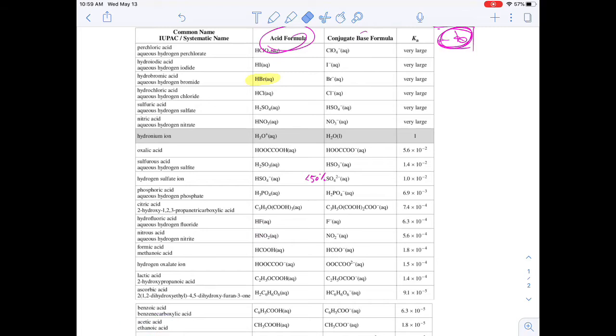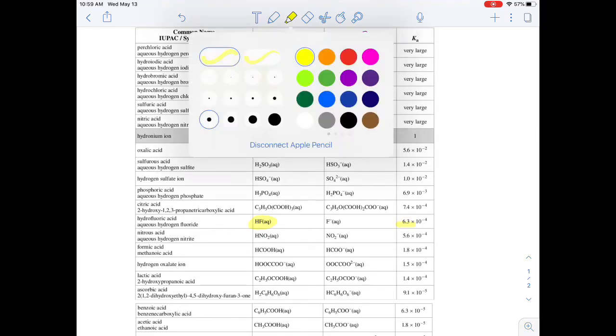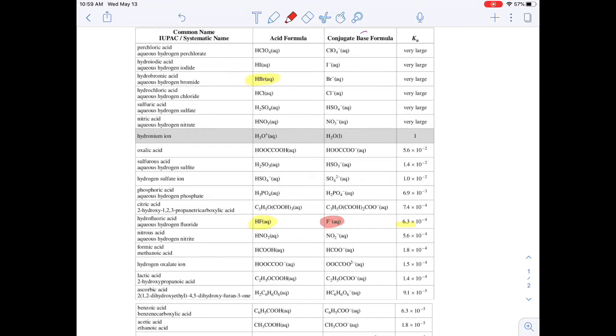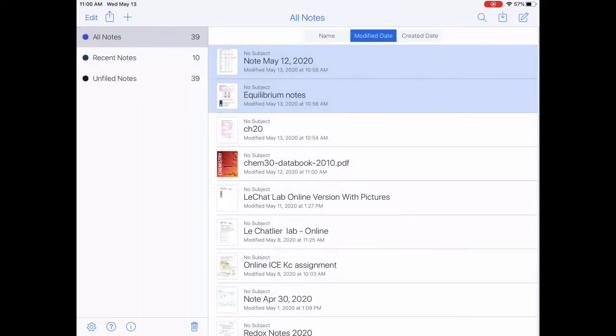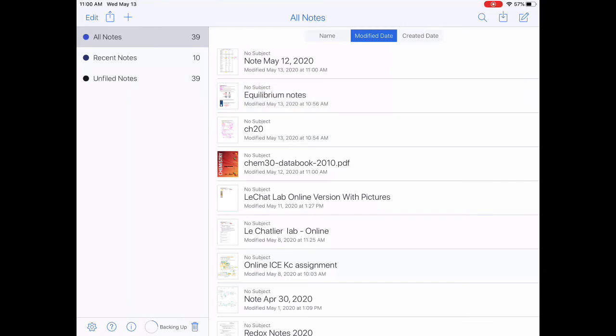The reason that I keep going back to that will be more apparent in a moment, but it is really important to know that if this is the acid form and this is its Ka, and I want to find the Kb, it would go here, and I am using this Ka to calculate it, so that the Kb equals Kw divided by the Ka, and that Ka is this value because it's for this entity.